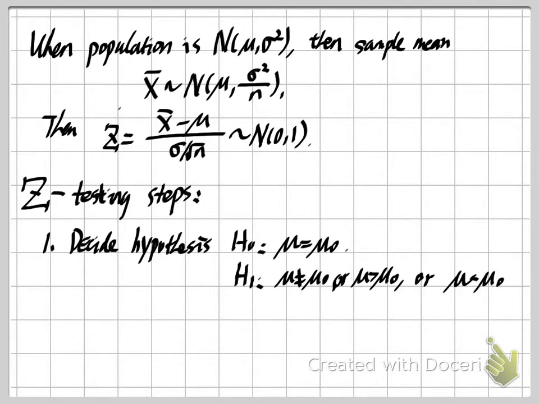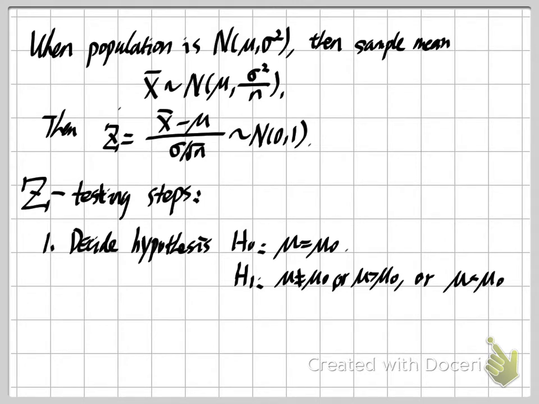Here are the steps to do a z-test. The first step is to decide our hypotheses. Because the test is about a population mean for a normal distribution, the null hypothesis is always mu equals a specific value, which we denote by mu 0.